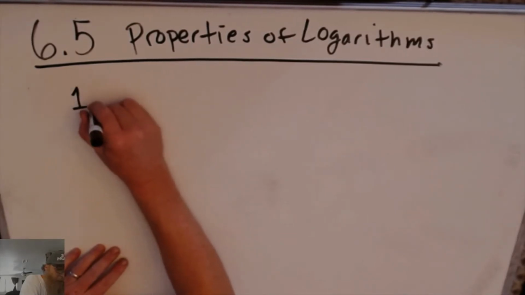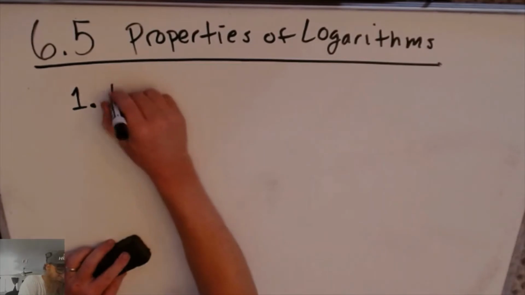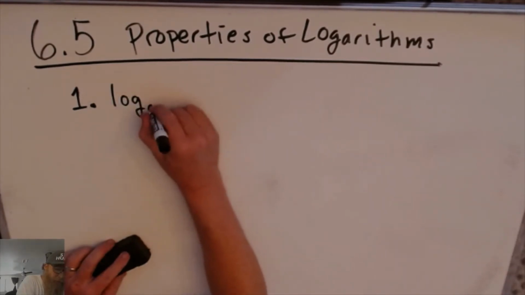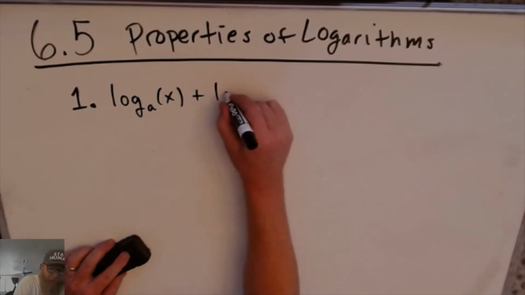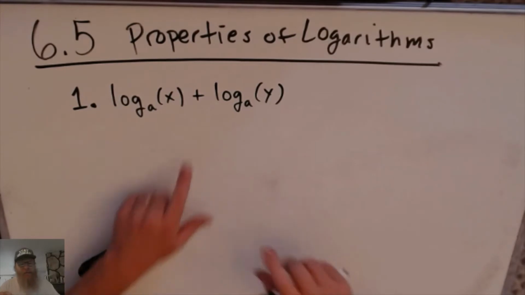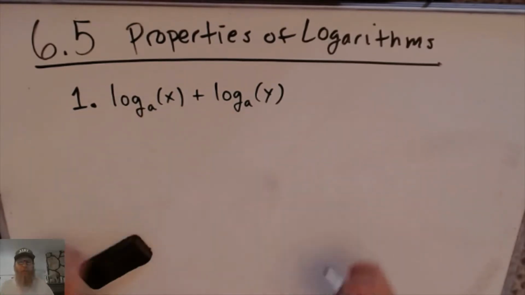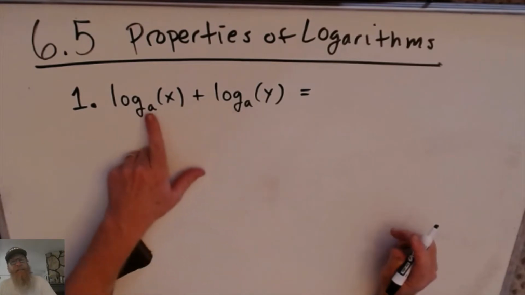So property number one. Let me start over again. The sum of two logarithms, as long as they have the same base.